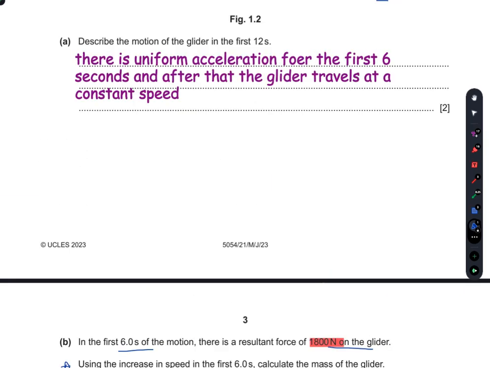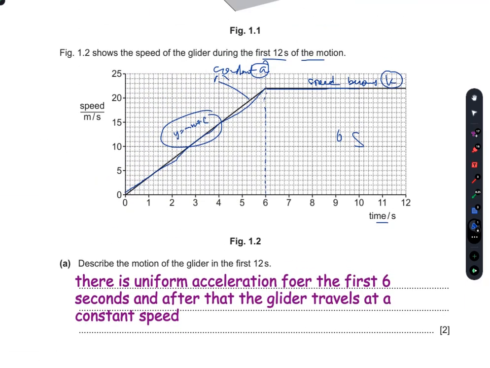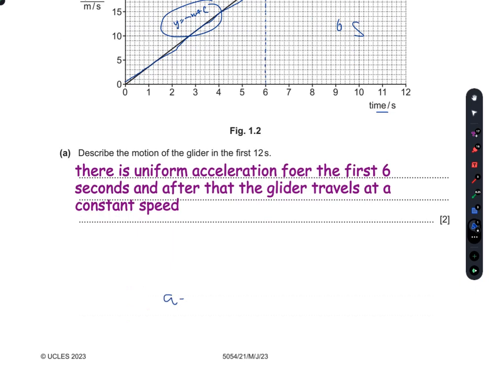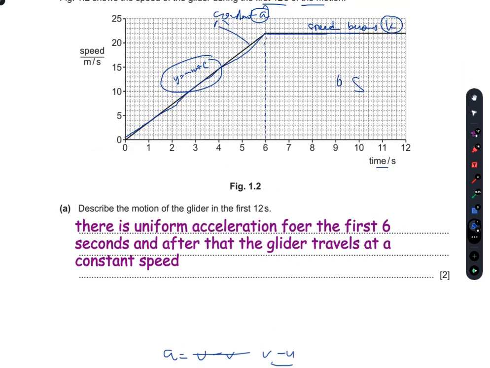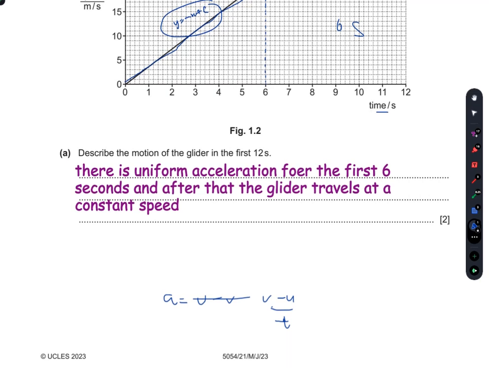So the acceleration during the first 6 seconds: acceleration is equal to (v minus u) divided by t, where v is the final velocity and u is the initial velocity. The final velocity here is, I think, 22. Yes, it is.